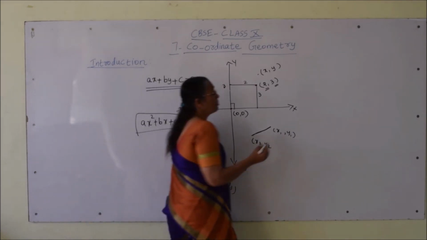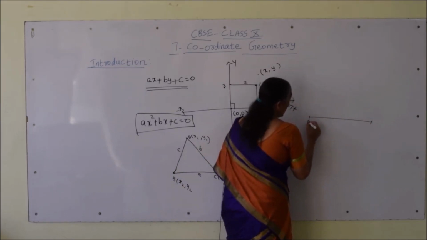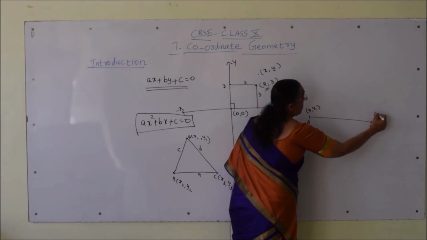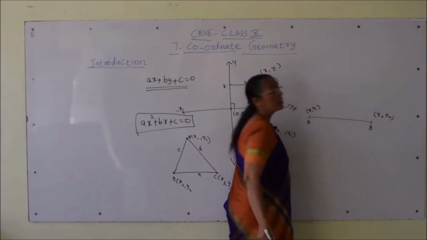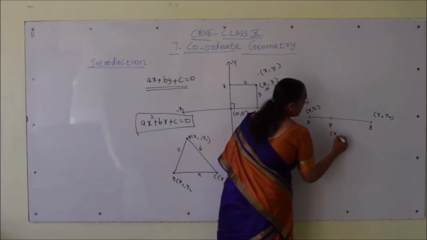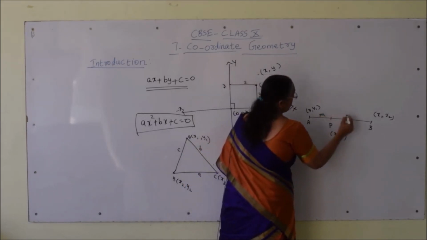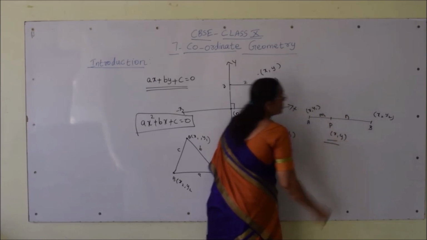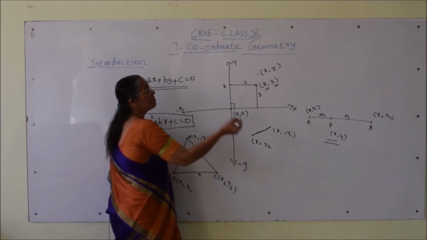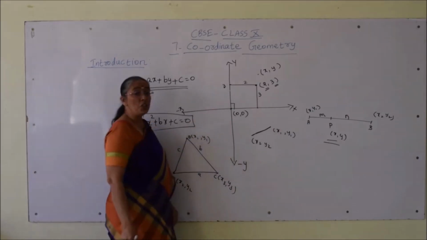And the third concept we are going to discuss in this chapter is, if a line segment AB, where A is x1, y1 and B is x2, y2, is divided by another point P x, y in the ratio m is to n, then how can we find this point x, y? So the ratio in which the line segment is divided by the point can be found using coordinate geometry.